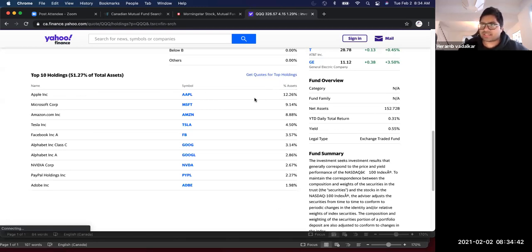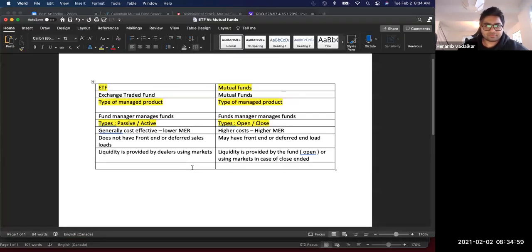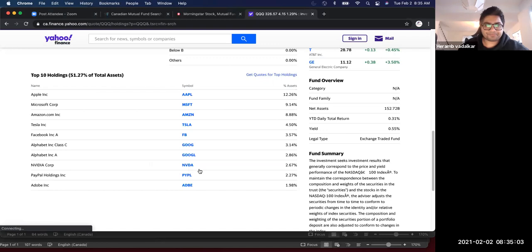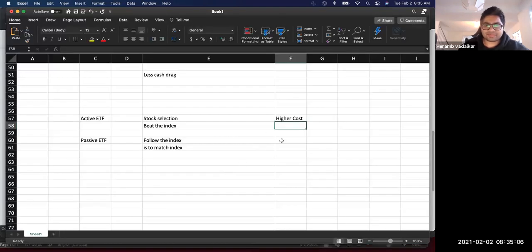OGIG has a rule that it doesn't cross 5%, but the NASDAQ ETF can, because it generally follows the index. Whatever portion of a stock is there in the index, it will invest in that. So it is much more passive. Passive ETFs generally have lower cost.